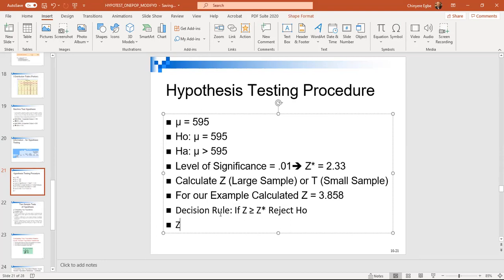Z of 3.858 is greater than Z star of 2.33. Therefore, what do we do? So tell me, can somebody give me that answer? Therefore, we do what?